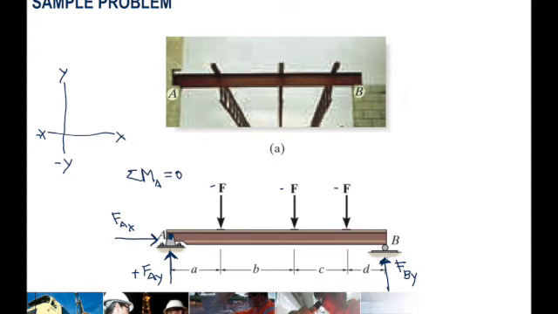So it just makes sense that it should be a positive force going up. Okay, so that's our explanation for how we draw our assumptions about the sense or direction of each support reaction.